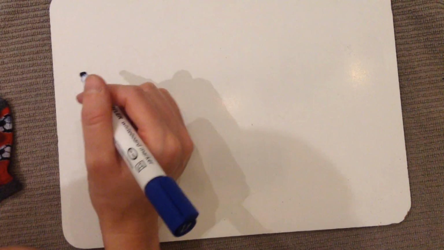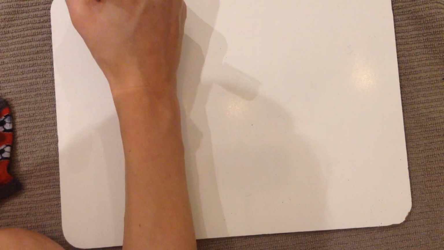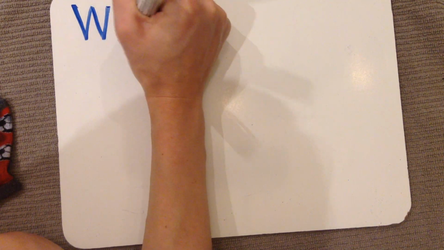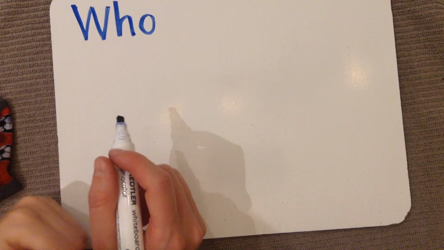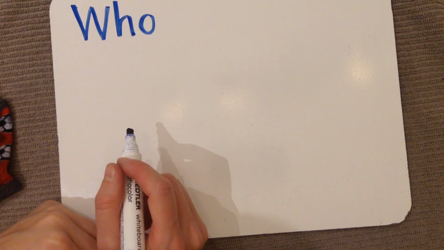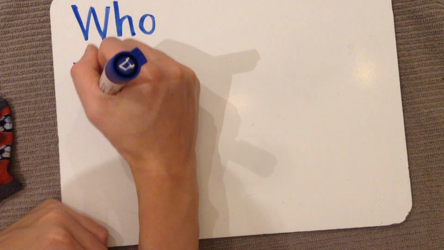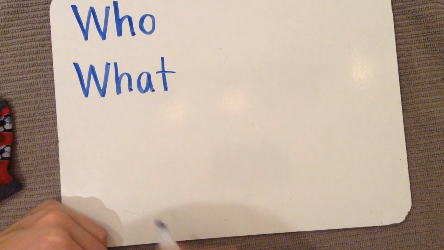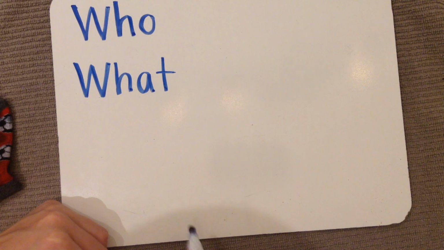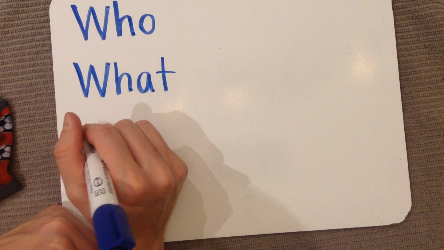Let's write them down together. First, we're going to write down the question word who. W-H-O. Who. Then we're going to write down the question word what. W-H-A-T. What. Now the question word when.